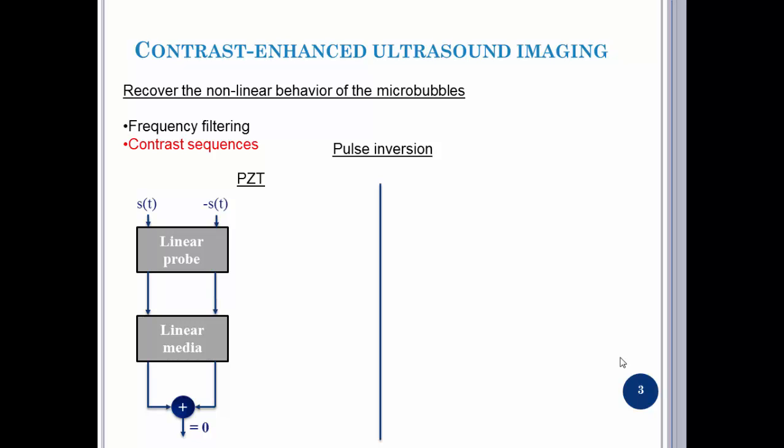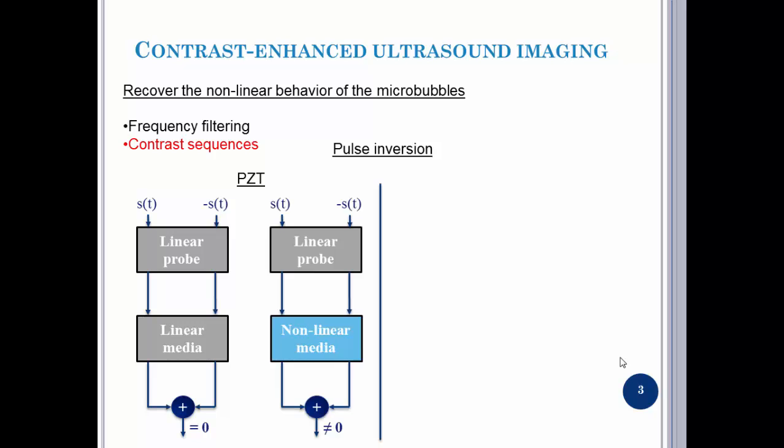So if you send a signal and minus this signal, summing the echoes from a linear medium should give 0. If you have a nonlinear medium, it should be different from 0. That's the main thing allowing contrast imaging.